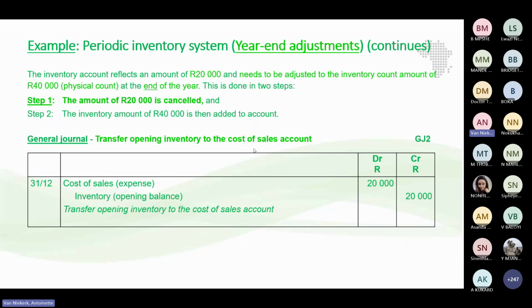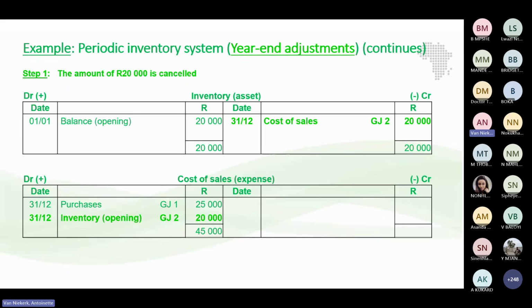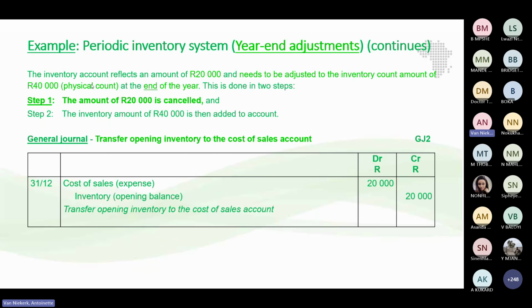Okay, so we had our opening inventory that we recorded. Apologies, we were still going through this. The inventory account reflects an amount of 20,000 Rand. That was your opening inventory and needs to be adjusted to the inventory count amount of 40,000 Rand. That was your physical count at the end of the year.